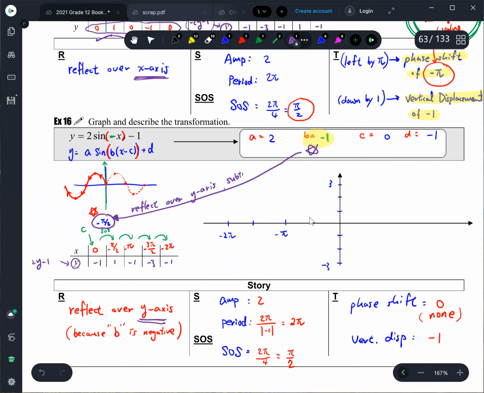Subtract SOS. If it's just reflected over the x-axis, it doesn't matter, okay? It's always adding SOS.